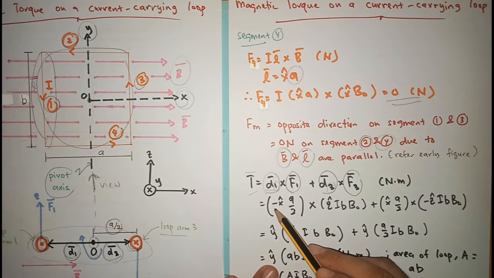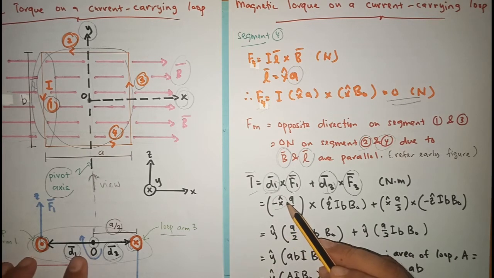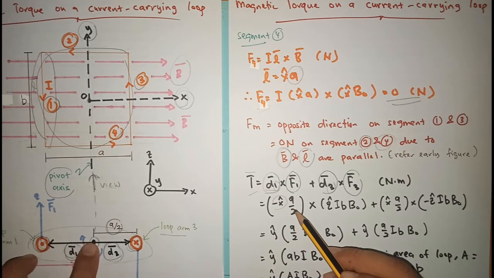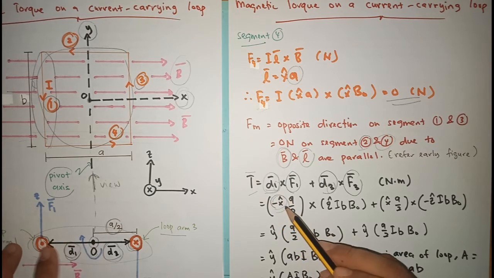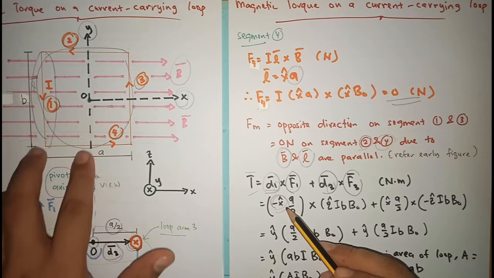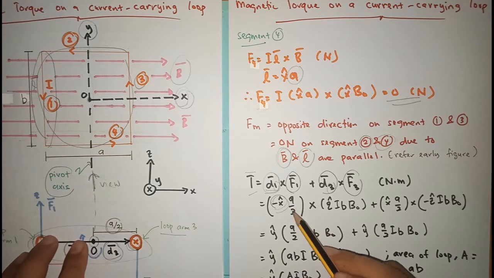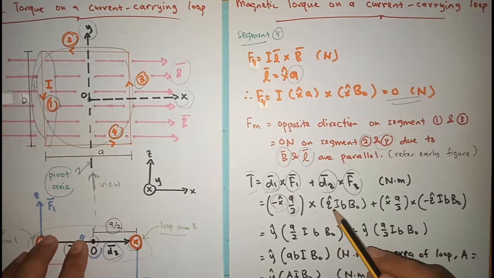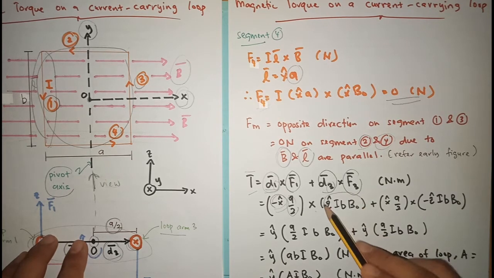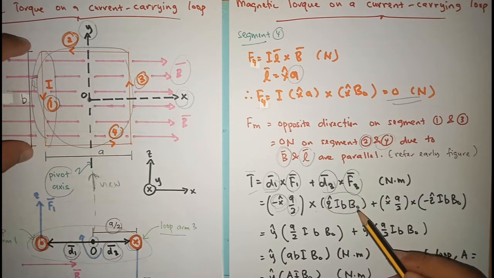the vector D1 is equal to minus x cap. So the direction of this vector is in the minus x cap direction, and the amplitude of it is equal to half of the width, so half of A, cross with z cap I B naught. This is the force produced on the first segment.